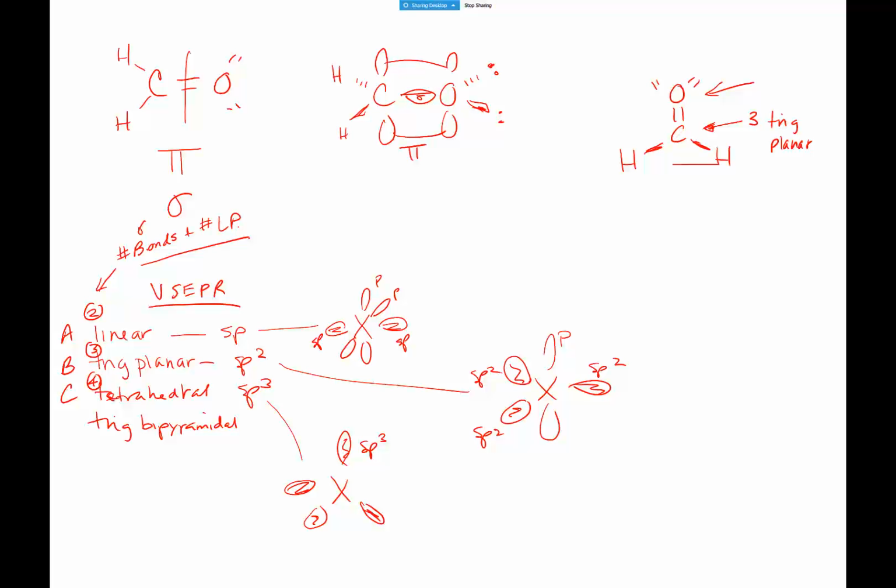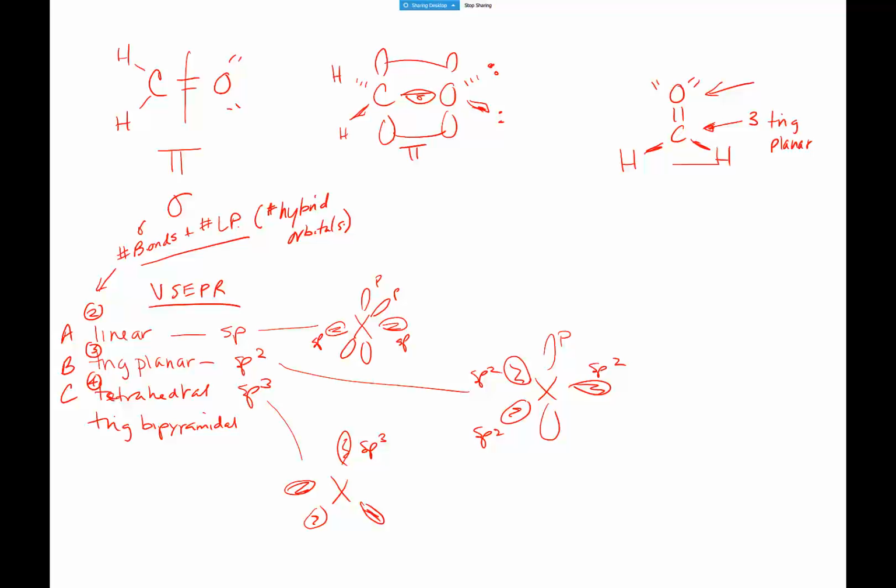I might have said that yesterday. So really, this number of sigma bonds plus the number of lone pairs is the number of hybrid orbitals as well.